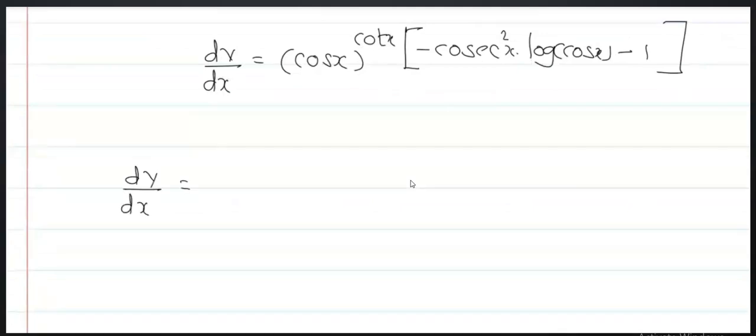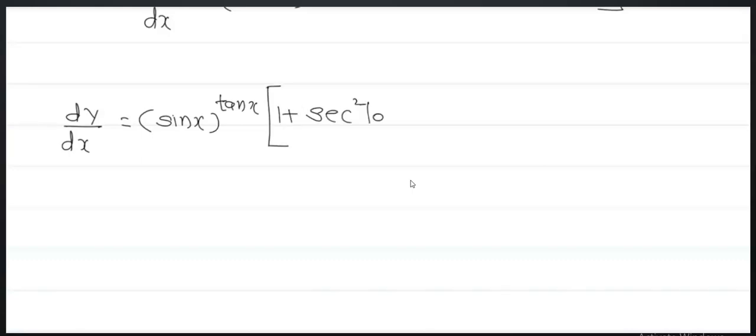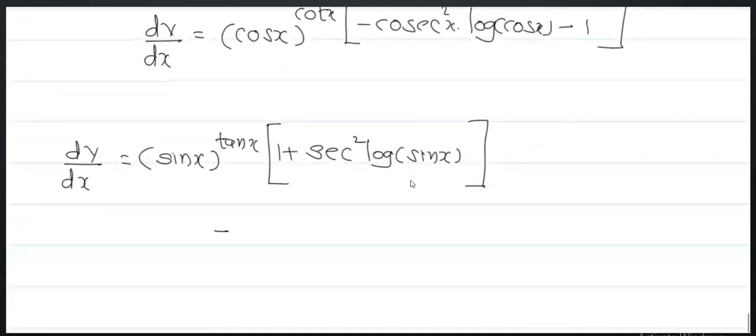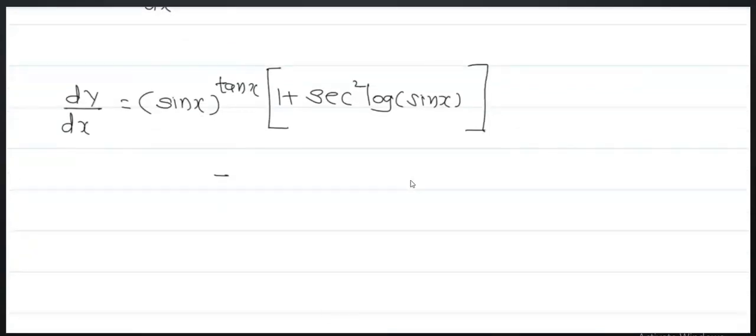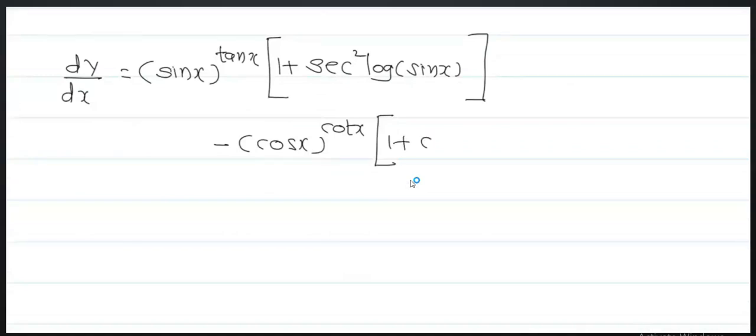And therefore, dy by dx is equal to sin x raised to tan x in bracket 1 plus sec square x into log of sin x, plus, there is a plus sign.